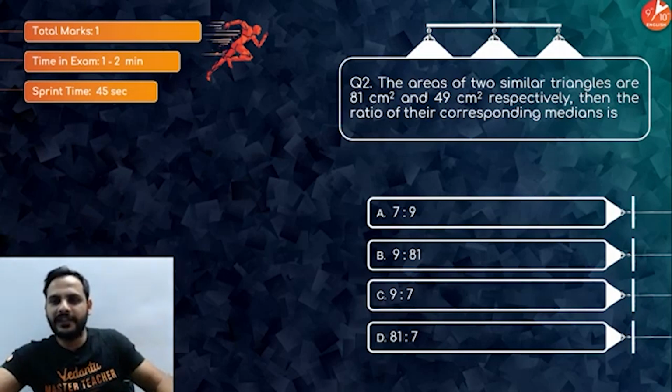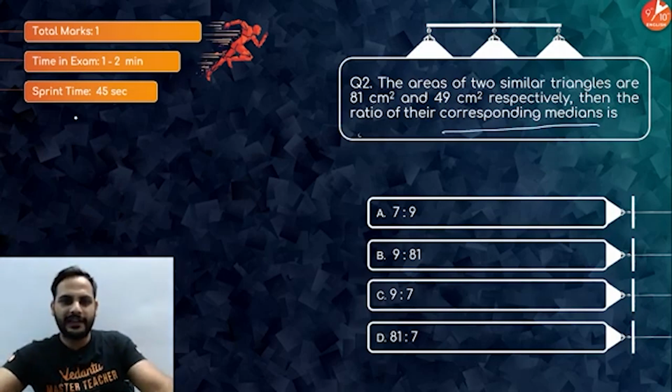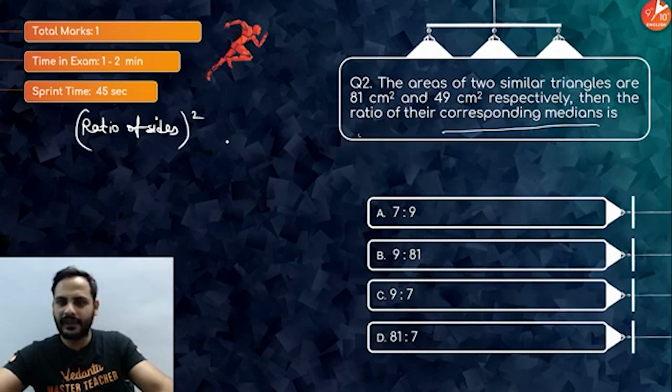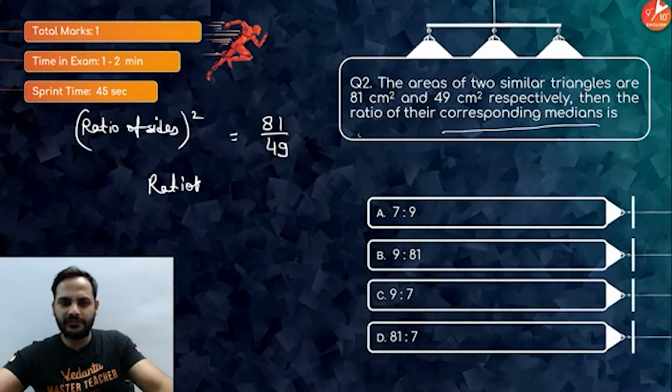So guys, if they are asking you to find the ratio of corresponding medians, it will be the same as the ratio of the sides, and the square of the ratio of sides will be equal to the ratio of the areas of these two triangles, 81:49. So if we take the square root, the ratio of the sides will be 9 by 7, 9:7.